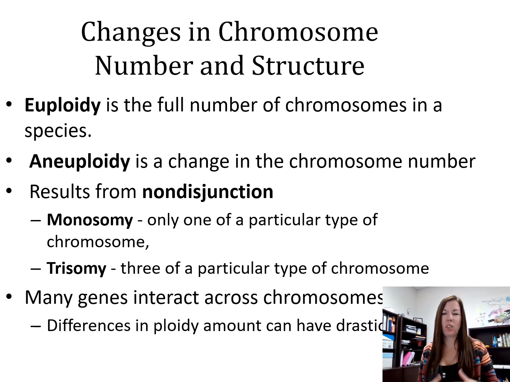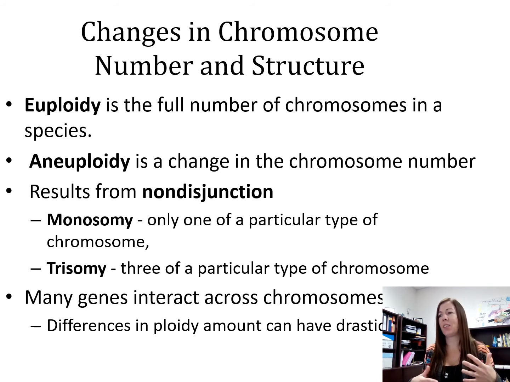Aneuploidy happens when there's a change in the chromosome number, and that happens as a result of nondisjunction or some sort of faulty happening when gametogenesis or meiosis is happening. So when you see monosomy, there's only one particular type of chromosome.